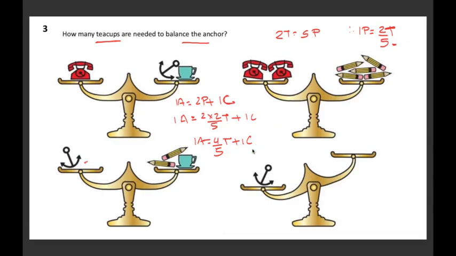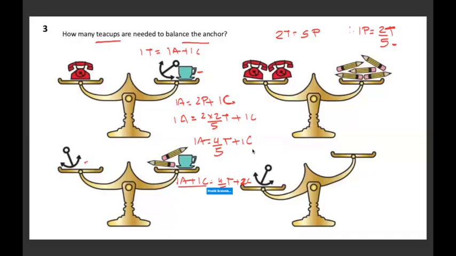Now in this equation, if I add cups on both the sides to make this equation, what is given here? 1 telephone is 1 anchor plus 1 cup. So if I add 1 cup on both sides, 1 anchor plus 1 cup will be equal to 4/5 telephones plus 2 cups, because we added one more.